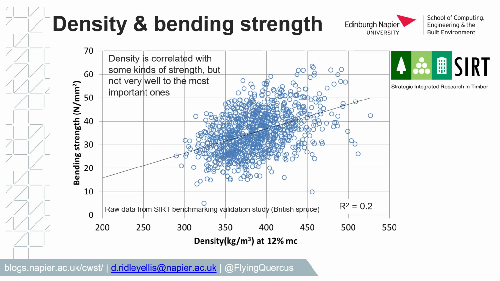You can see the density here has a correlation with bending strength. The R squared value is 0.2, which is actually quite good. Remember, it's live data here, so that's actually not too bad. But it's not good enough.